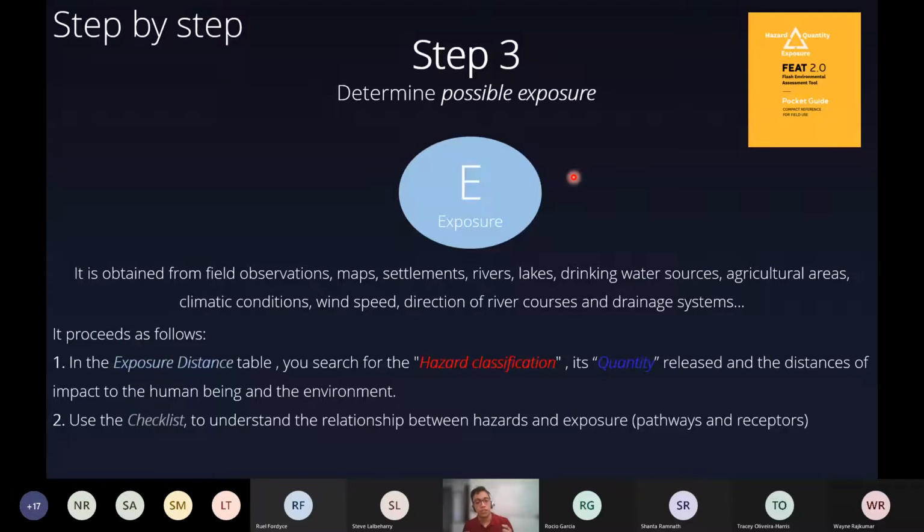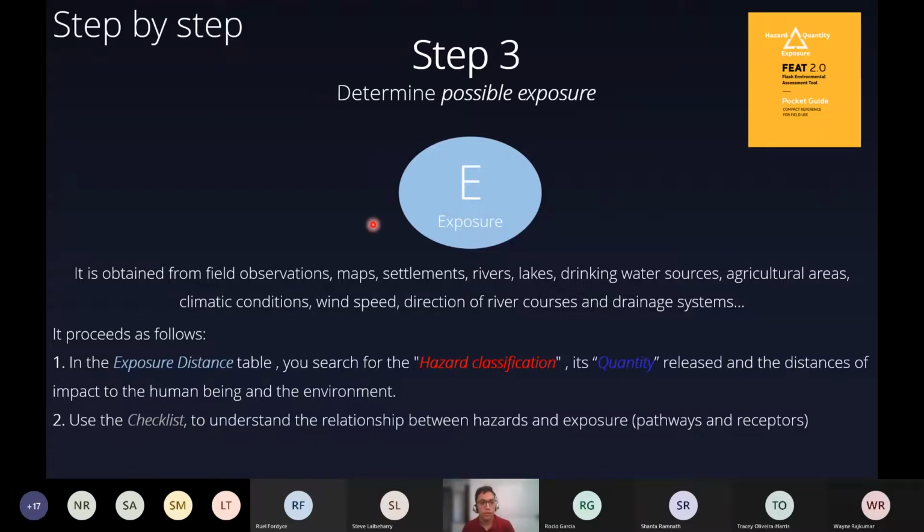So you need to check either rivers, settlements, lakes, drinking water sources, agricultural areas, climatic conditions, wind speed, direction, and everything that could affect the dispersion of this chemical in this place. Because in here, this is where the FEAT will give you the distance, and the radius or the length of the river that would be affected, or the distances where people could be killed or harmed in their health.